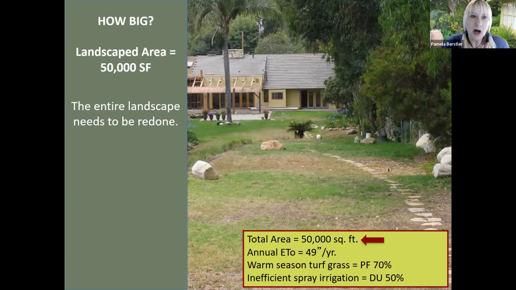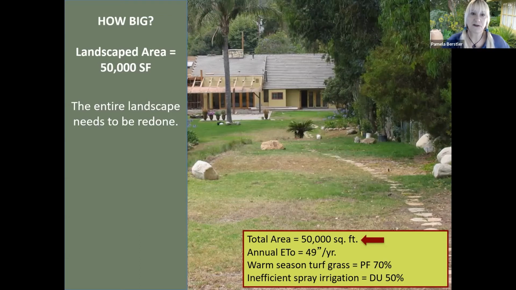So just keep in mind that when we get into water budgeting, we're only looking at areas of land that require water. That's an important little differentiation. So when you see total landscape area, make sure that you have the right information about it in order to use that square footage in your calculation.